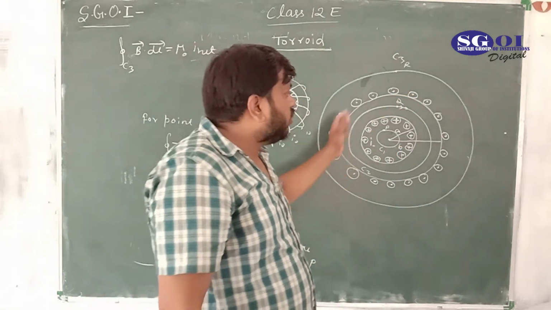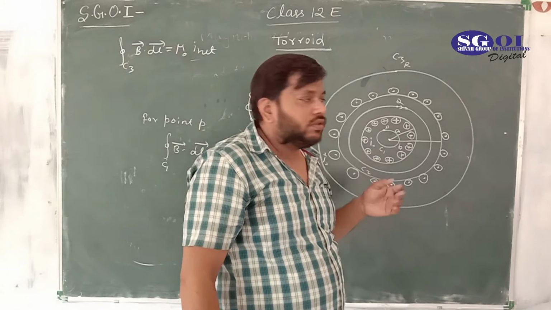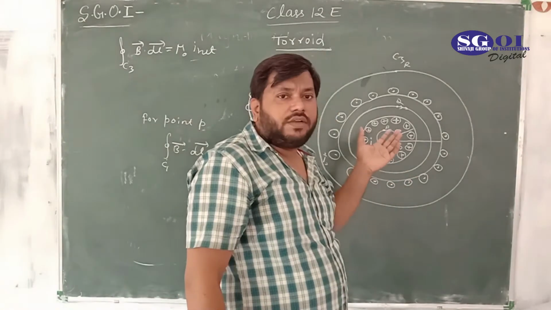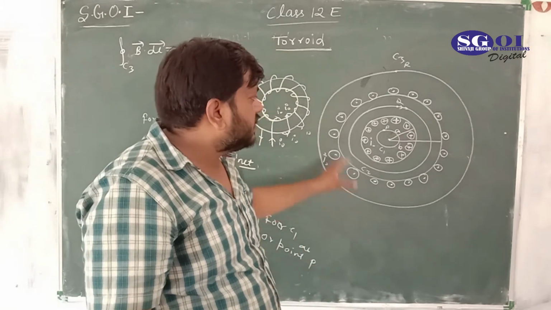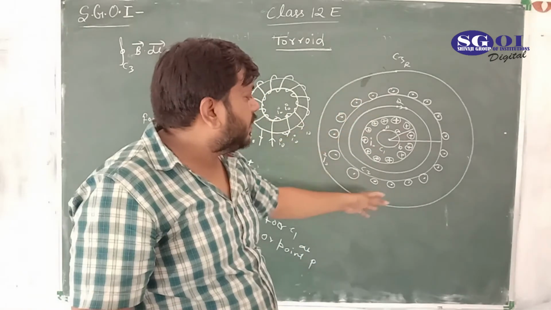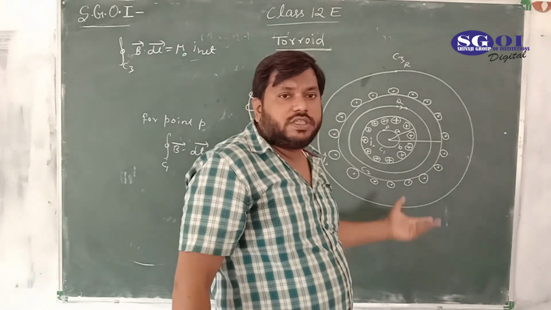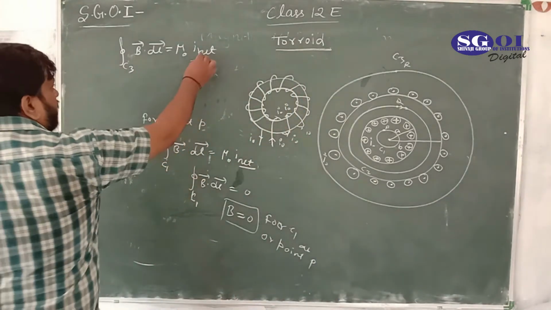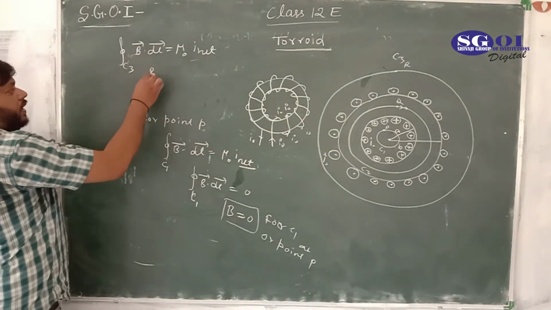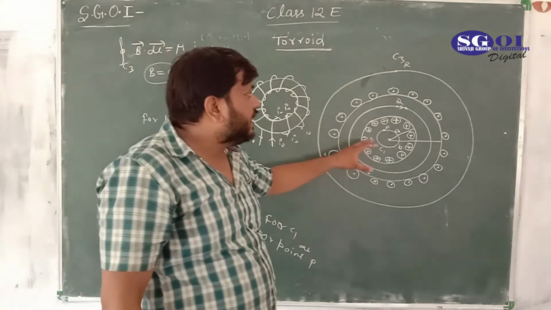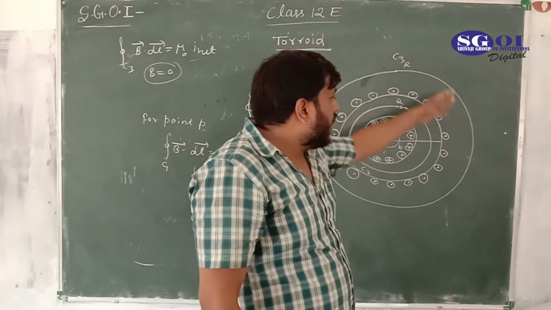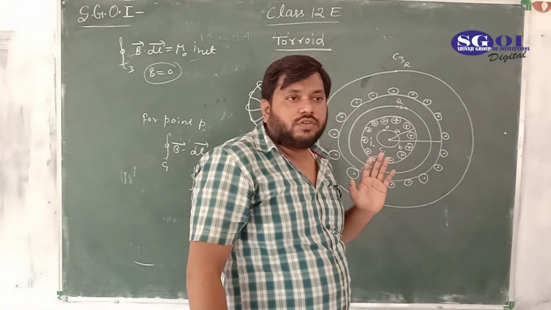So what is the net amount of current which is passing? 0. The amount of current which is entering, the same amount of current is coming out. So the net current passing through this particular loop C3 is 0 again. So finally B is 0. So it means the magnitude of the magnetic field outside this toroid is also 0.